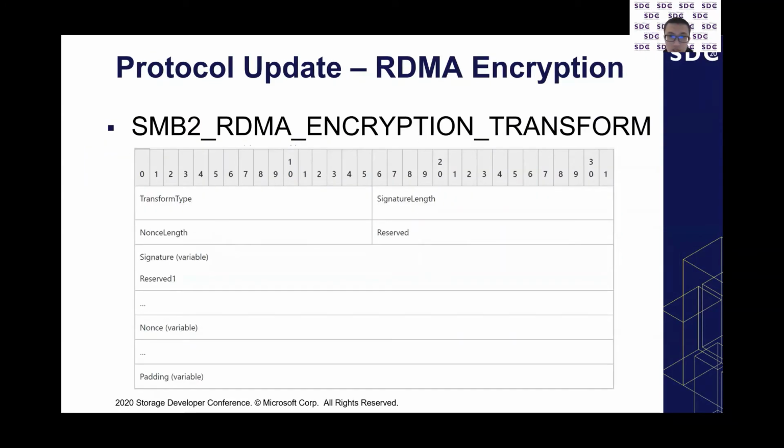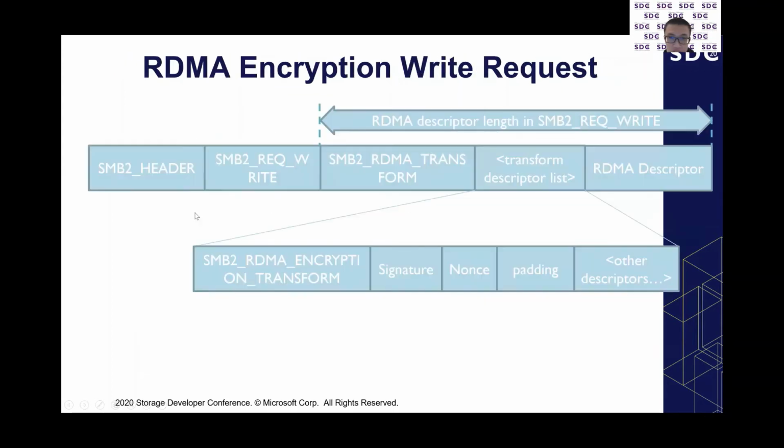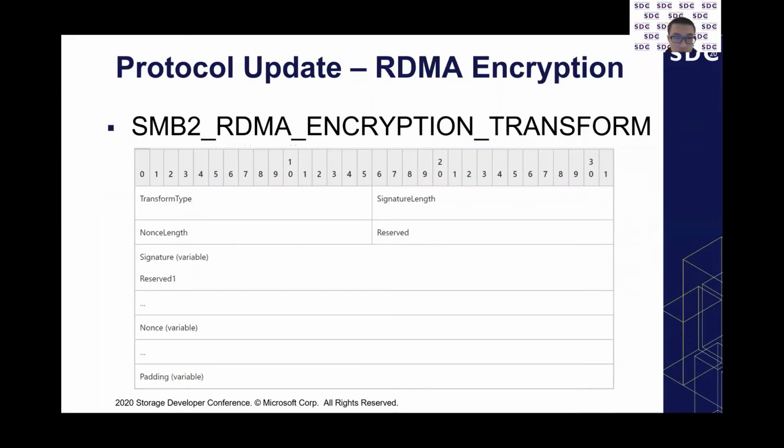Next we take a look at the RDMA encryption transform that we introduced in 20H1. For each node in the list, we expect a transform type to identify what type of transform this is. Then for encryption, we need to include signature and nonce in the message.